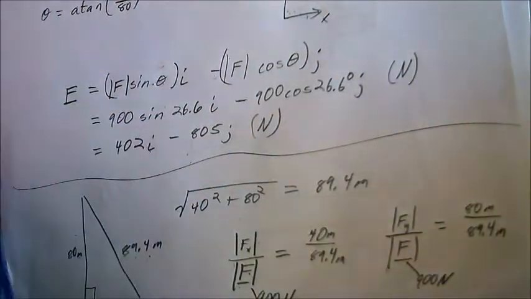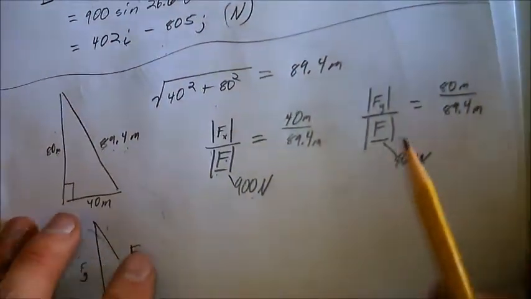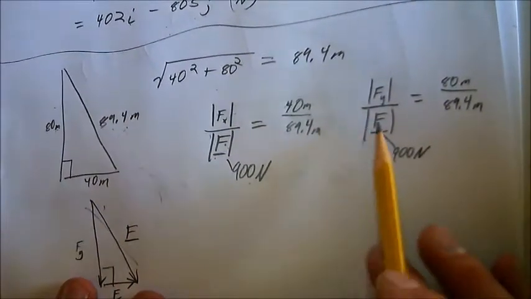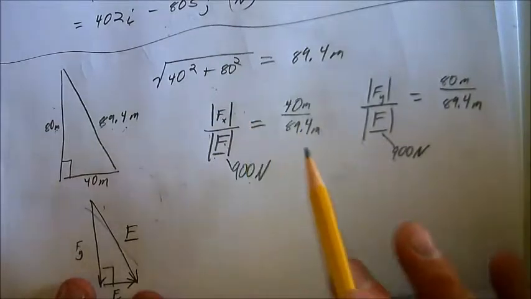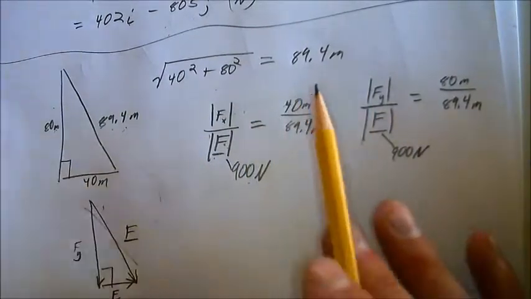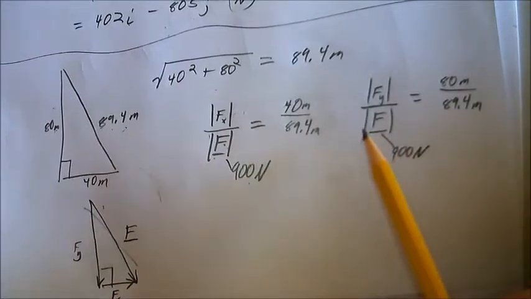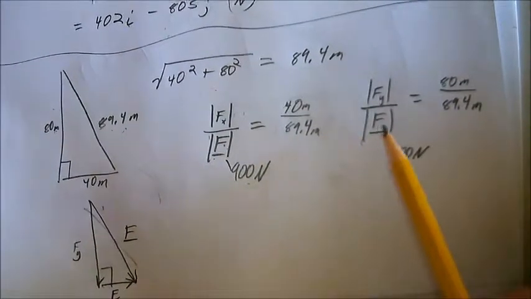Now here's the thing though. You have to realize, just like in the previous half of this example, what direction these vectors are going, because this gives you the magnitude of the vectors, the total amount of force that they have, but it doesn't tell you the direction. So that's something you have to assume.